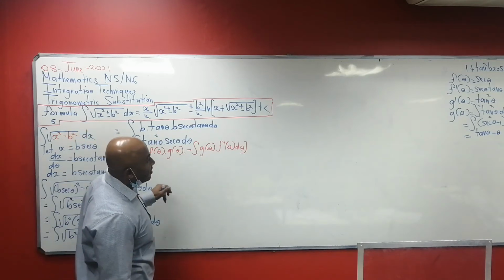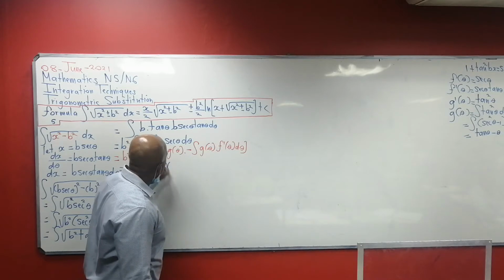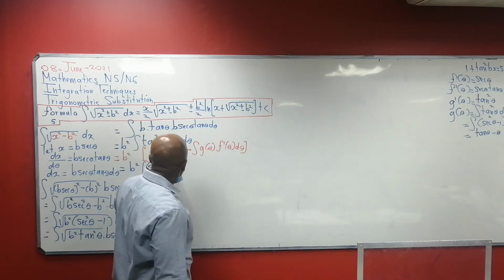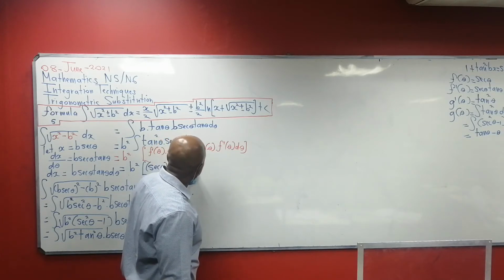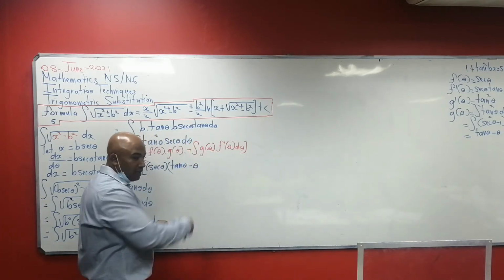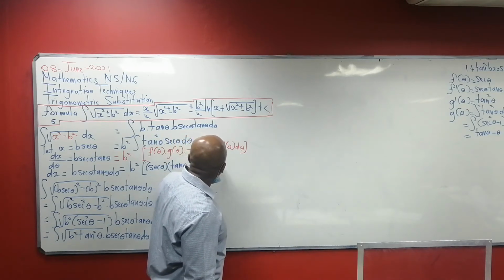So I'm going to substitute f of theta, that is sec theta times g, which I just found now. You'll always be doing this for integration by parts. Write this down, write down the formula, substitute. So that's f times g minus the integral.